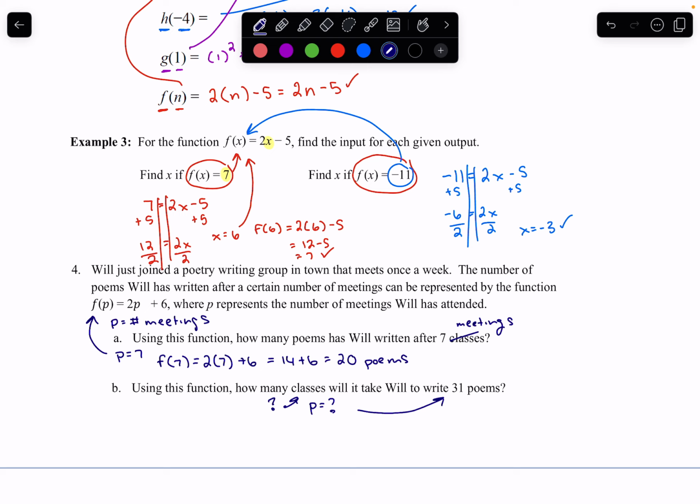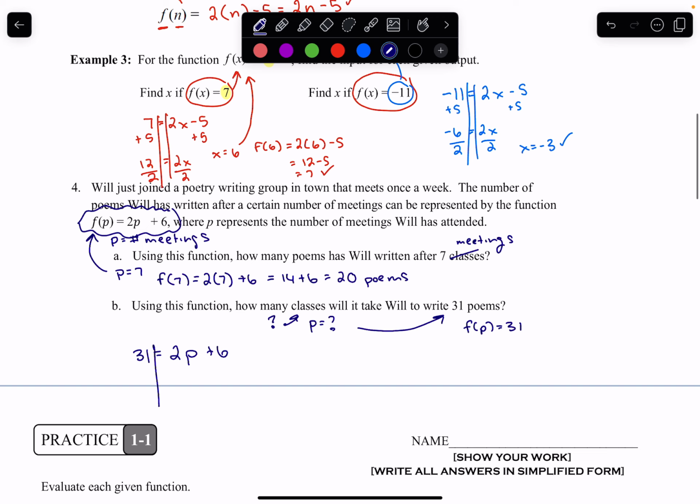So in this problem, I want f of P to equal 31. So I go back to my function up here, and I want f of P to be 31, and that's going to equal 2 multiplied by some number of classes. I don't know what number yet. Add 6, railroad track, minus 6 from both sides, and I get 25 equals 2P.